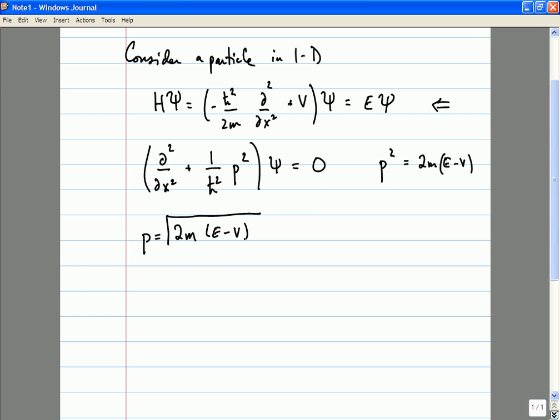And if we think about that expression for a minute in classical mechanics, the energy of a classical particle is the sum of the kinetic and potential energies. So E minus V is the kinetic energy, 1 over 2 times mv squared. And so this, in fact, is nothing more or nothing less than the classical momentum of a particle.